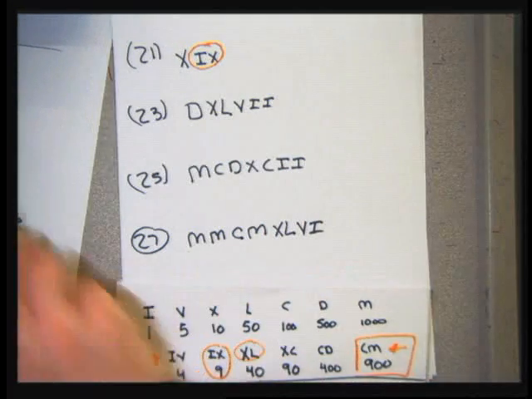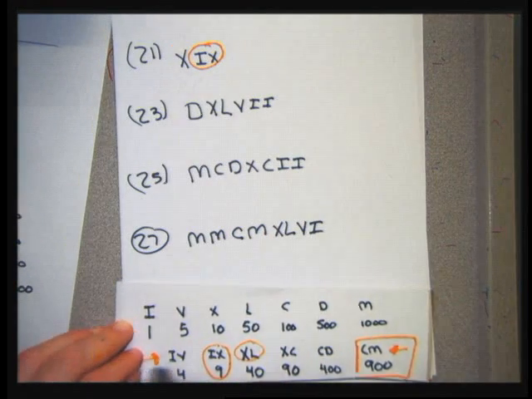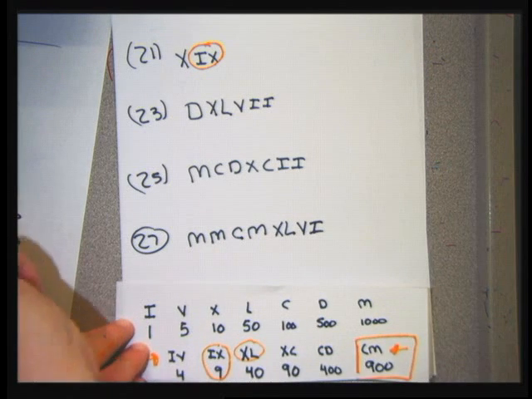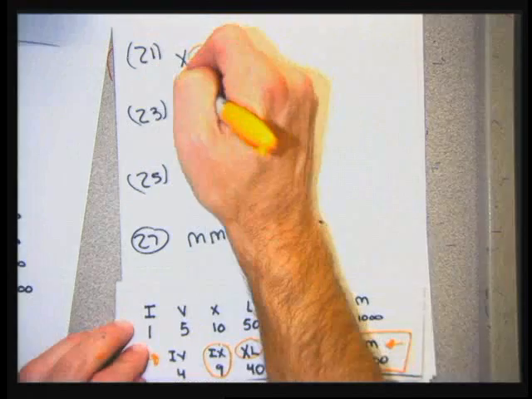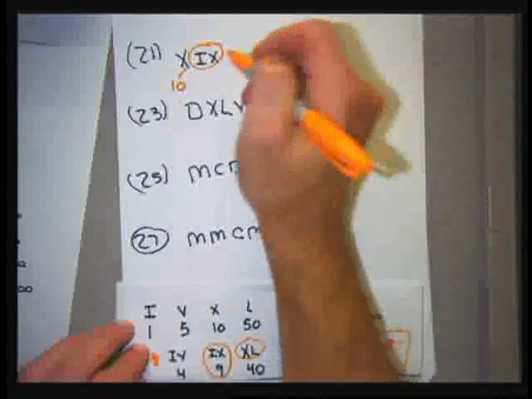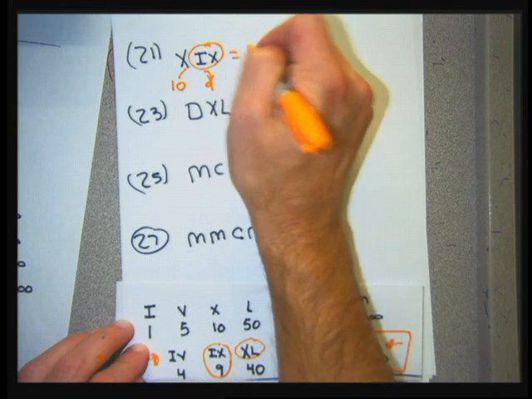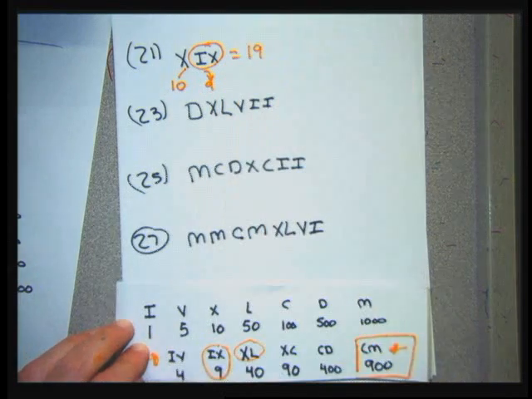Those numbers need to be bound together. So any 4, 9, 40, 90, 400, or 900 need to be kept together. And now I'm going to write down what each number is. The X is a 10, the IX is a 9. I'm going to add the 10 and 9 and get 19. So 21, if you did this ahead of me, you should write 19.